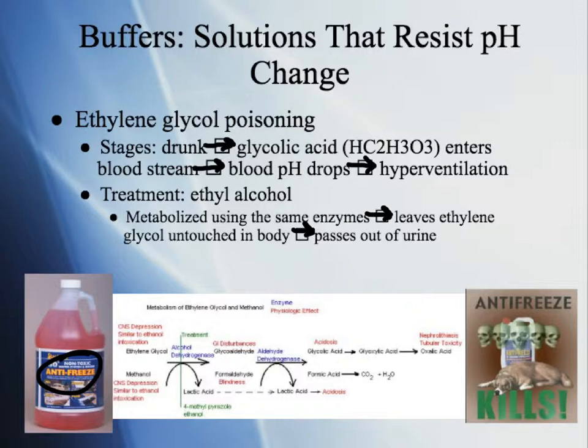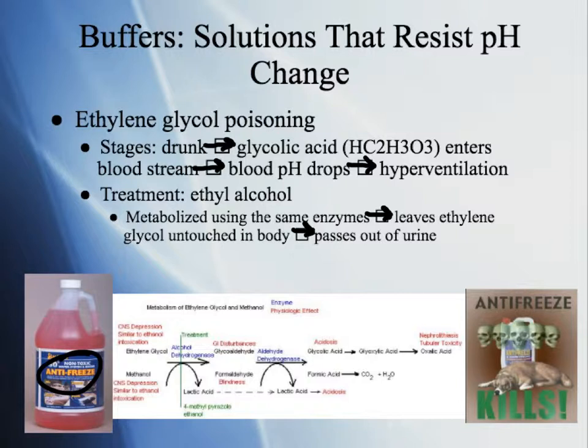The first stage is that the animal, and this can actually happen in humans too, acts a little drunk, and the liver starts kicking in and metabolizing this into glycolic acid, which our body can't use, so it goes into our blood.